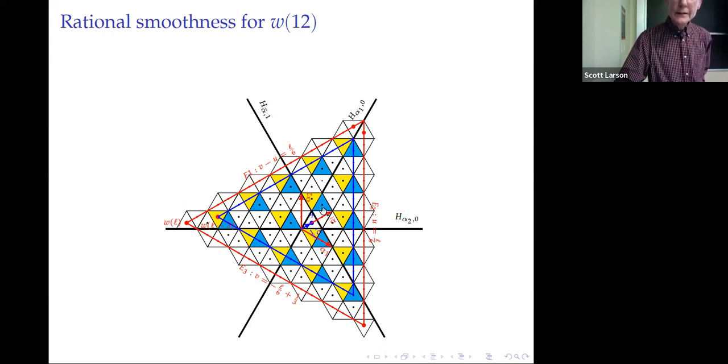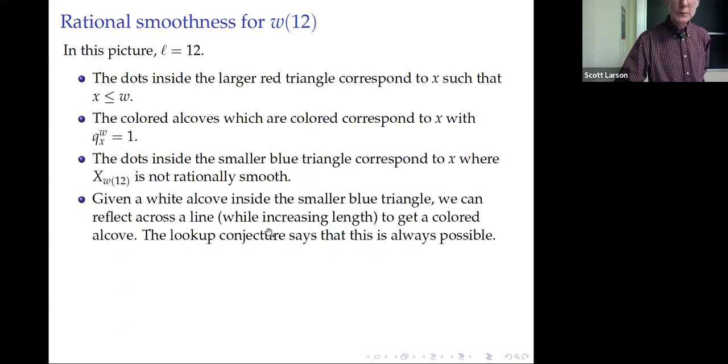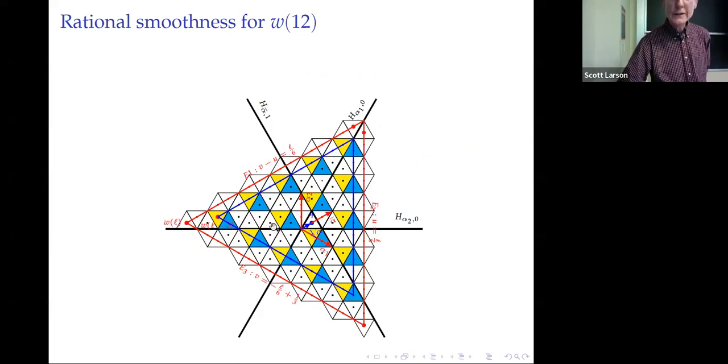Now you can see in this region of non-rationally smooth points, which is inside the blue triangle, there are lots of alcoves where Q is 0. What the lookup conjecture says is that you can reflect across a line while increasing in length and get to a colored alcove if you're at any white alcove inside this region. And that's what the lookup conjecture is for these spiral elements. Okay, so that's the picture.